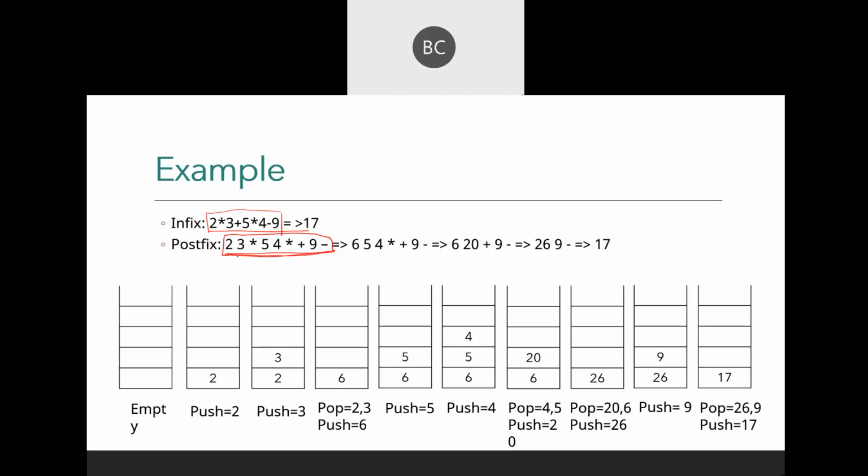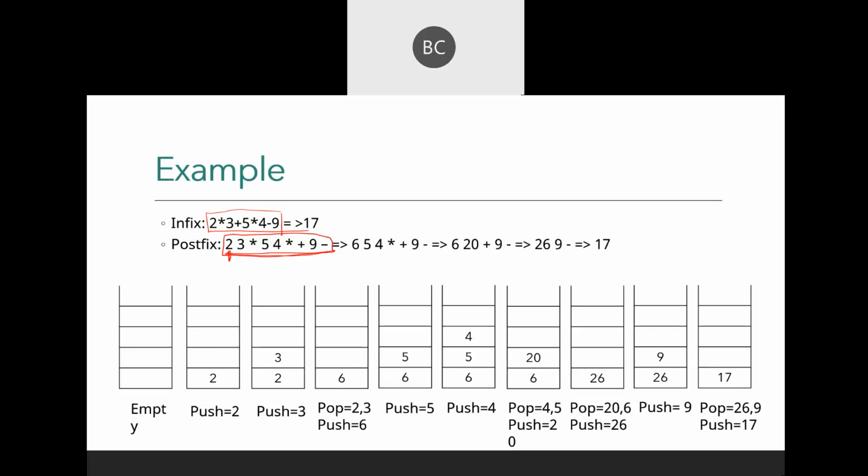So what does the algorithm say? First, it will have an empty stack. Whenever it finds an operand, it will push it to the stack. The moment it finds an operator, it will perform the operation, then push the result back to the stack.